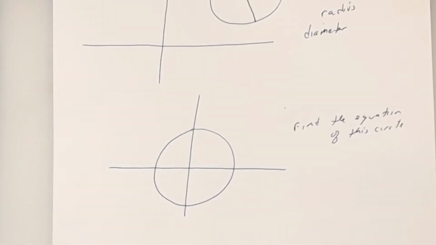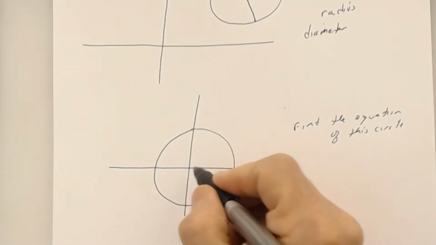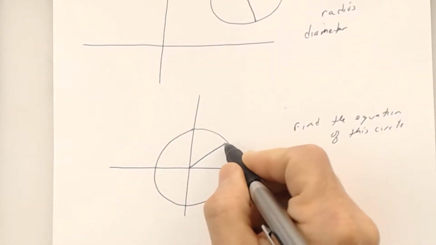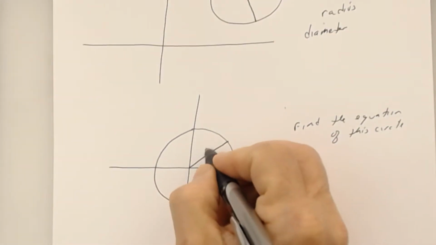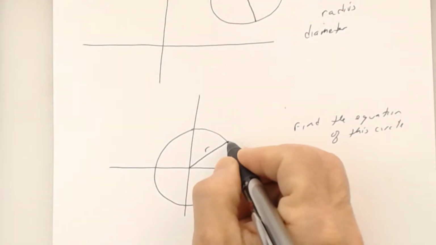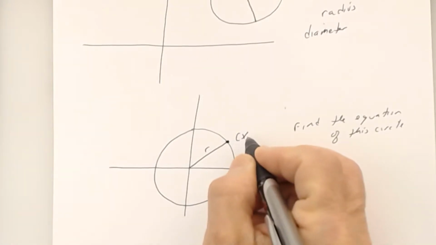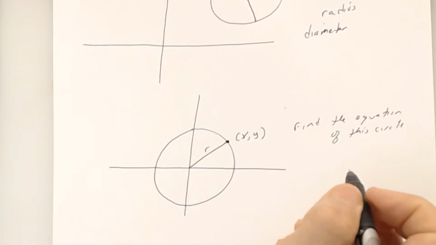Just like when we found the length of a segment, we used Pythagorean's theorem, I'm going to use the same idea here. I'm going to look at the radius right here. That's R. And I'm going to call this point X, Y.